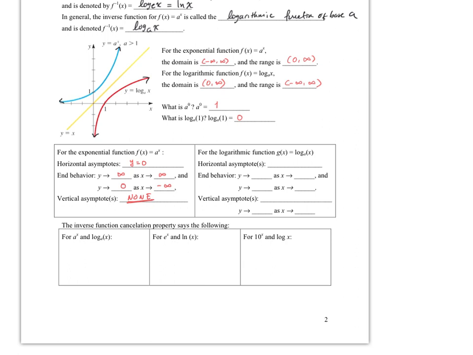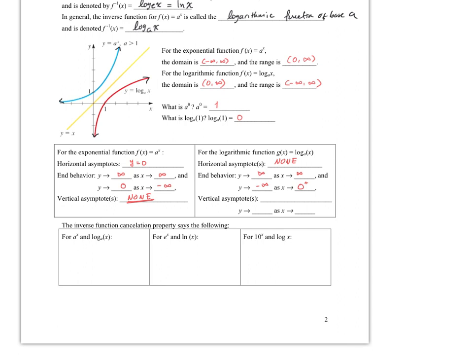Okay. Now let's look at the red line, or the logarithmic function. This one has a horizontal asymptote, and the answer is none. The end behavior: this goes to infinity as x goes to infinity. And this one goes to minus infinity as x goes to 0 from the right side, because you can see this doesn't go to the negative side.